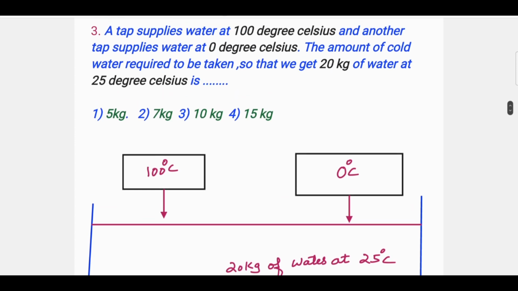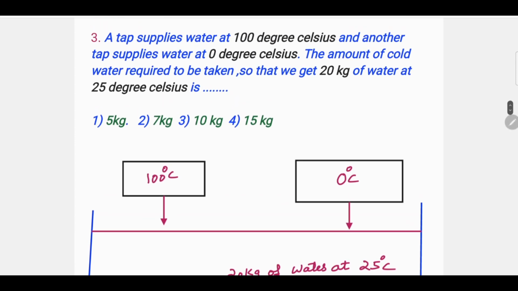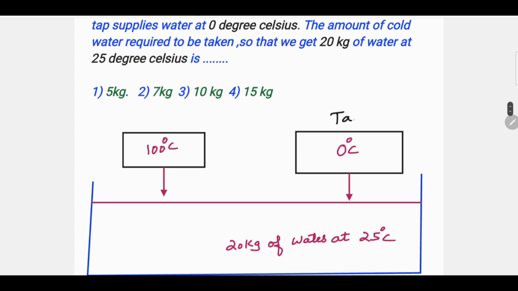So the question is how much cold water is required to be taken. That means from the 0 degree Celsius tap, how much water we have to take so that in total we get 20 kilogram of water at 25 degrees Celsius. So we imagine that we are taking m kilogram of water from the cold tap, and this is the hot tap.